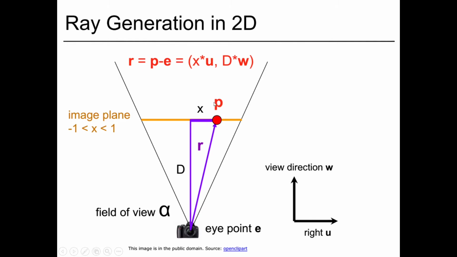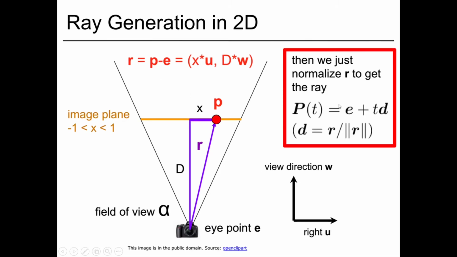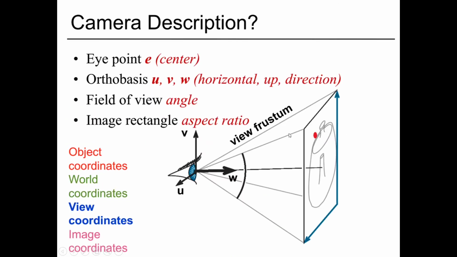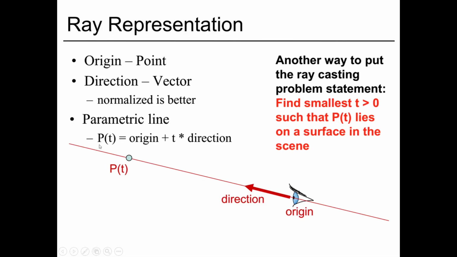And by finding the direction of r, we can divide r by the magnitude of r, thus obtaining the unit vector along r, that is d. We are determining the unit vector of r and denoting it as d here. Then p of t, the parametric equation of the line, would be p(t) equals e plus t times d, and here d is basically the direction, as shown before when we were determining the general equation for the parametric line of the ray.